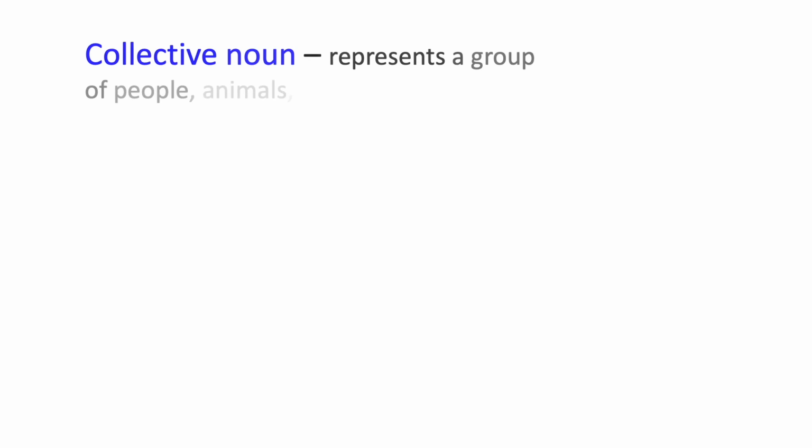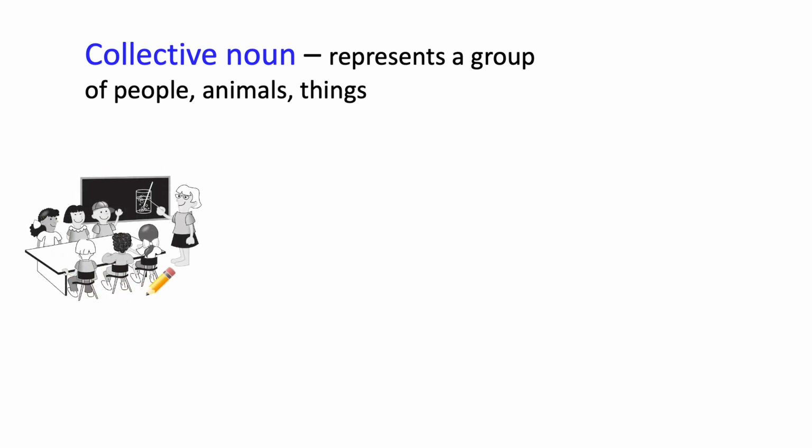Our next noun is a collective noun. A collective noun represents a group of people, animals, or things, just like a team, crowd, committee, flock, choir, or group. So examples can be like a class of students. Here, we take the whole class as a group. So therefore, it is a collective noun.